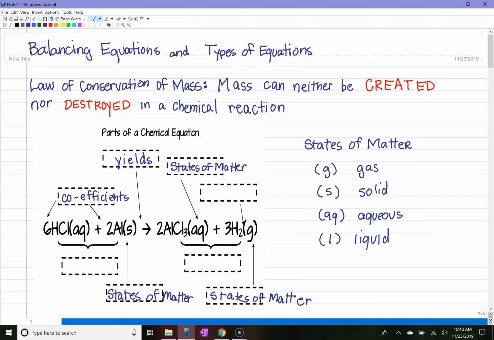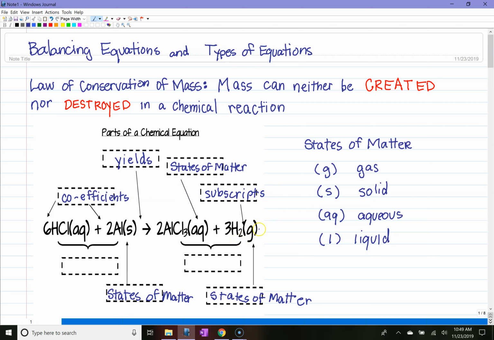In addition, we have small numbers at the end of the compounds or after the elements. We've already been figuring these out as we figured out formulas. These are your subscripts. When you put the compound together, you're going to put the subscripts in then.